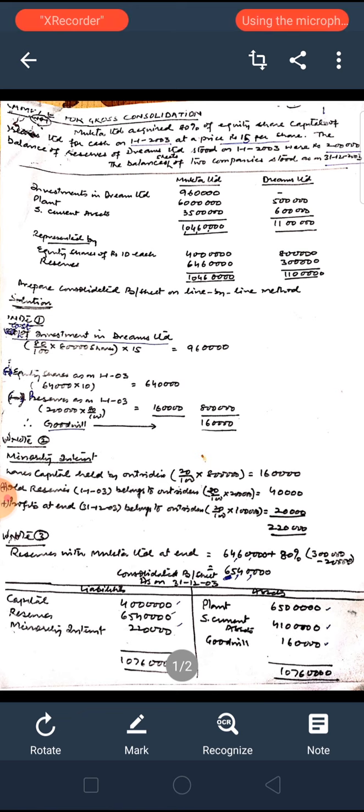So plant is 60 lakh plus 5 lakh, 65 lakhs. Current assets are 35 lakhs plus 6 lakhs, 41 lakhs. Then goodwill is ascertained in working note number 1, that is 1,60,000. The total becomes 1,07,60,000. So under the gross consolidation technique, it is clear.